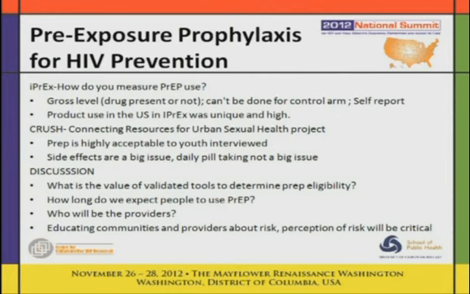So we looked at how we actually measure PrEP use and assure that there is adherence as we begin to roll it out on a larger scale, recognizing that the 2 study sites in the United States were unique in the iPrEx trial. They had a high level of adherence, but it also had a very highly educated and older group of people who were in the trial.